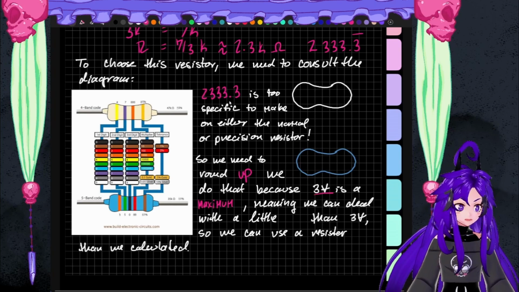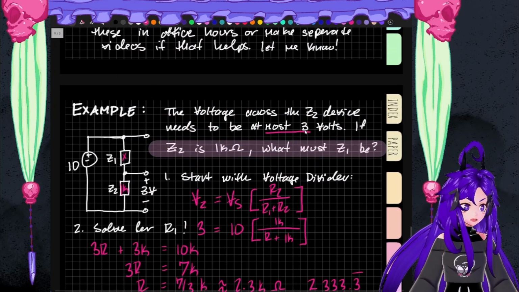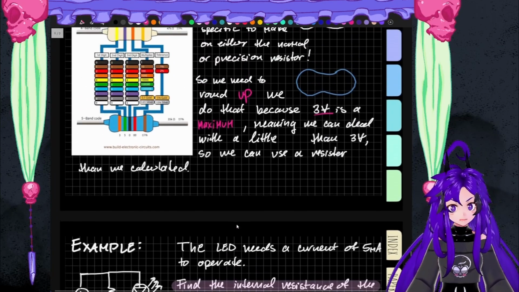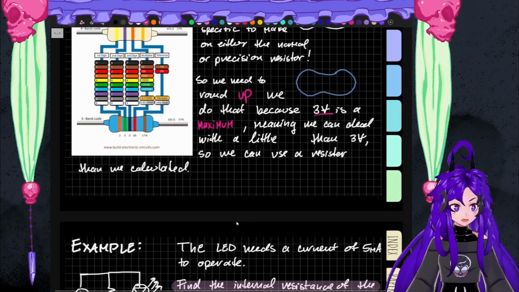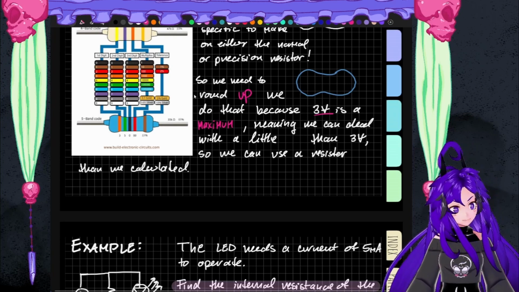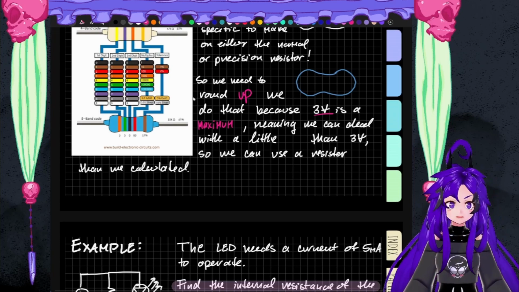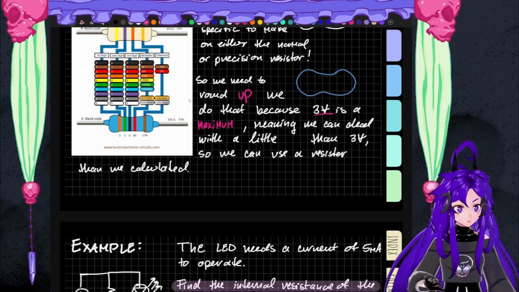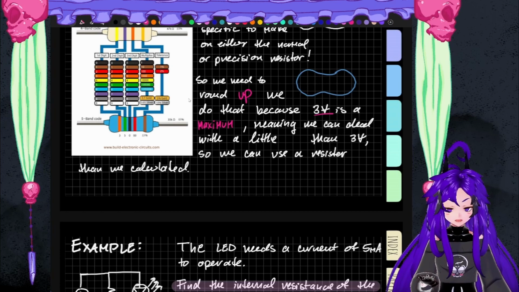We were told that, right? We were told at most 3 volts. That means that anything over 3 volts is probably going to damage our device. So if we put in too much resistance, that'll be okay. The device will most likely still function. If we put in too little resistance, the device is going to break.